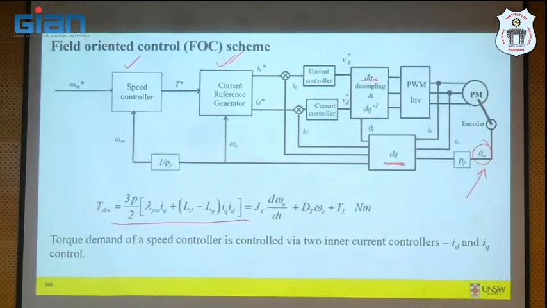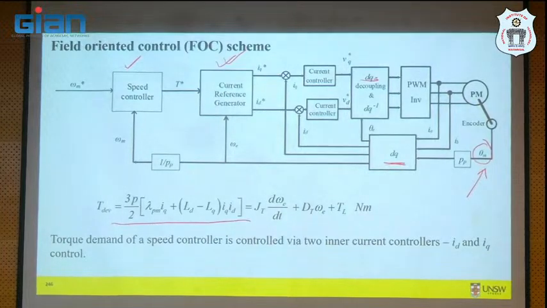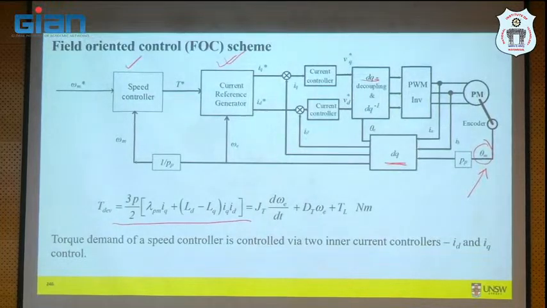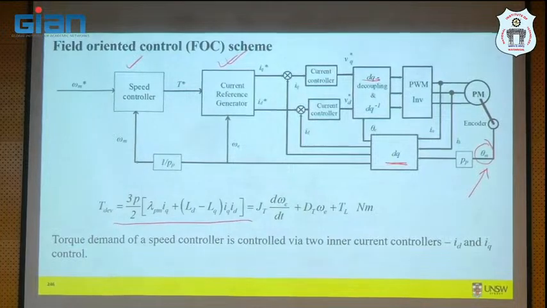We can still do FOC sensorless. Okay? FOC sensorless is possible, but this theta then you must somehow estimate. Okay? Maybe we'll discuss a bit more, like how it works, maybe tomorrow.